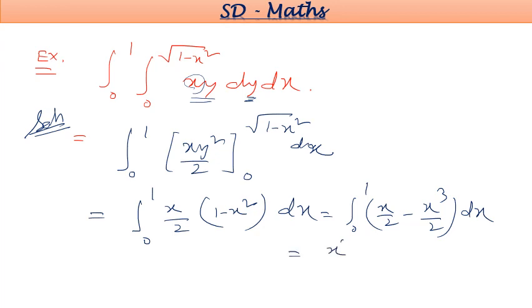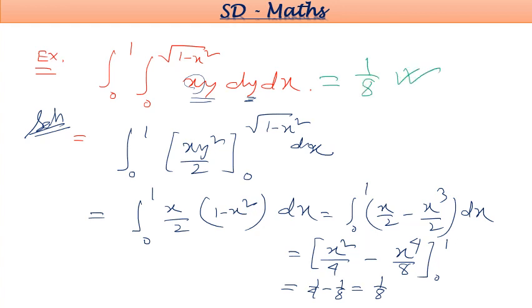This is x square by 4 minus x to the 4 by 8 with limits 0 to 1. Therefore, this equals 1 by 4 minus 1 by 8, which equals 1 by 8. Therefore, the answer will be 1 by 8. This is the answer.